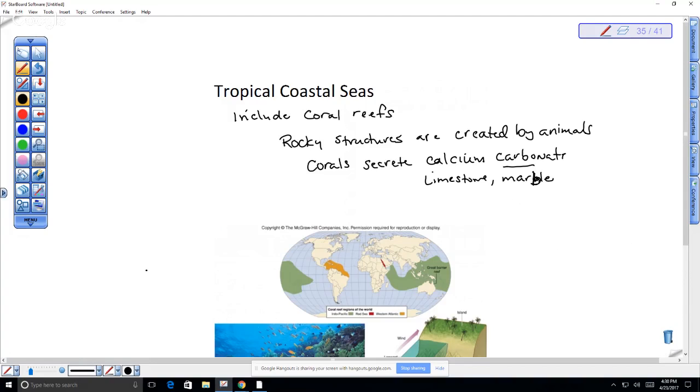This deposition of calcium carbonate is really slow, but the coral reefs can grow very big. And what they're doing here is creating a habitat. They're actually creating shallow seas which have a high primary productivity.